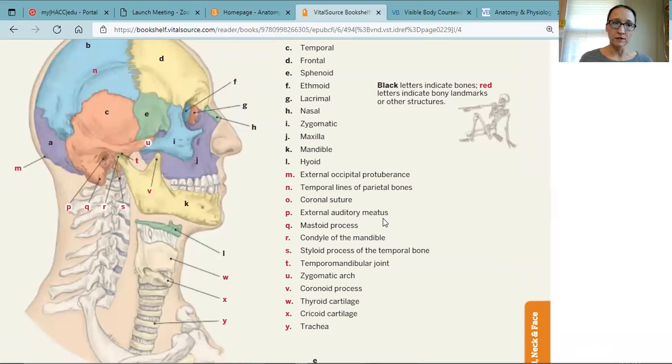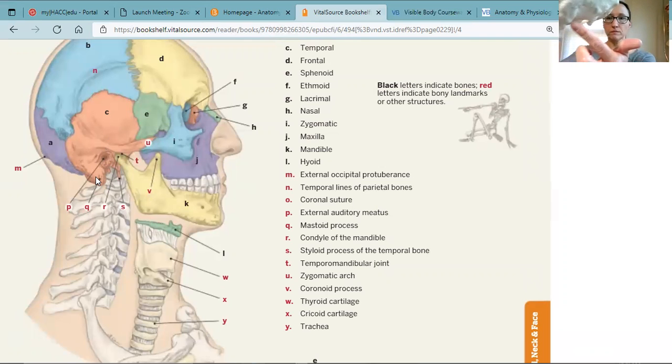But your ear canal, in which your tympanic membrane sits, is right here. So it's part of the temporal bone. A meatus, for those of you who like definitions, is a tube-like passageway within a bone. And that's exactly what this is. It's very meatus-y.